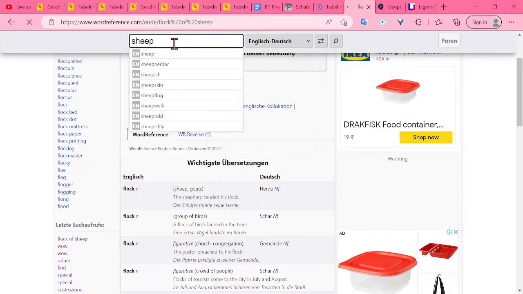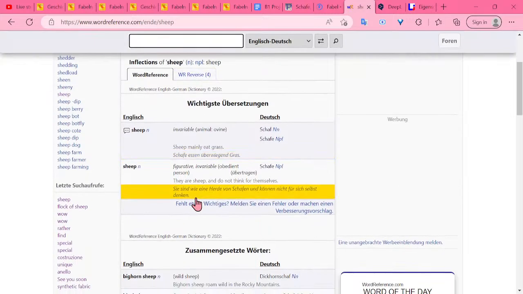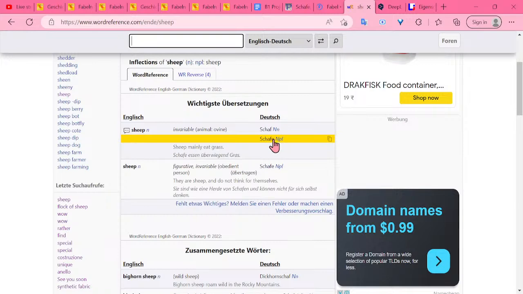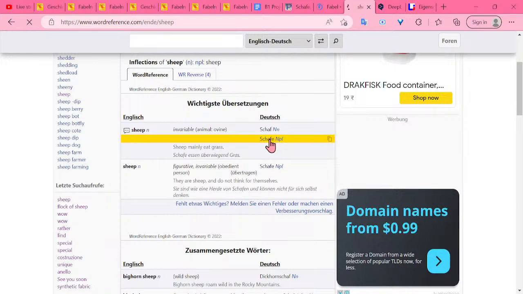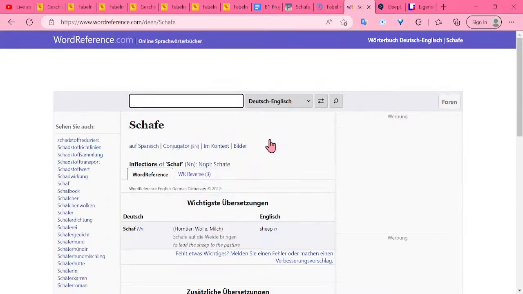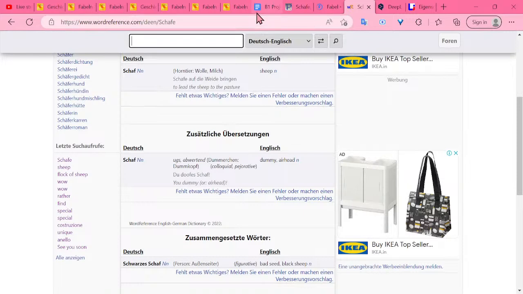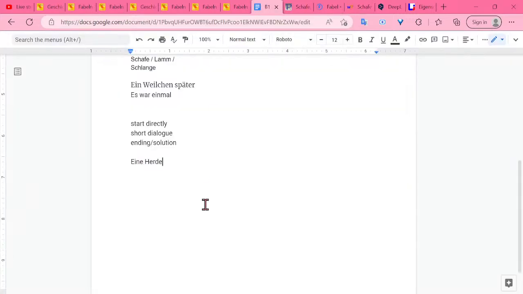I'm pretty sure it's long, but I just need to check. And that's plural and it's neutral. Okay, so this is plural. Schaf. That should be there.